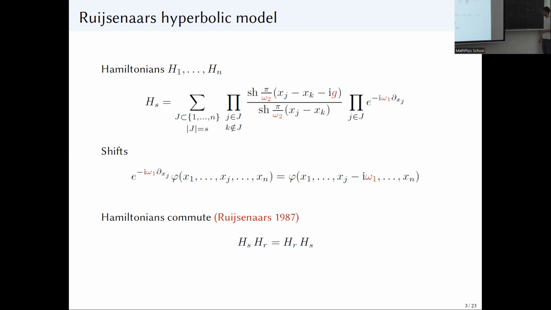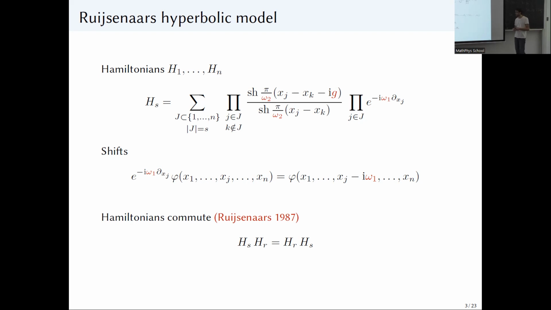And the fact that these Hamiltonians commute raises the question of whether we can find some joint eigenfunctions of these Hamiltonians. In particular, because this Hamiltonian is invariant, I will explain the construction of the bosonic eigenfunctions, the eigenfunctions that are also invariant with respect to the permutations of coordinates.